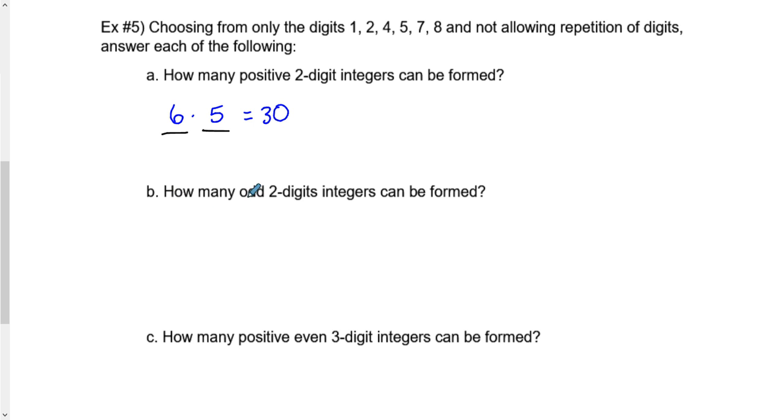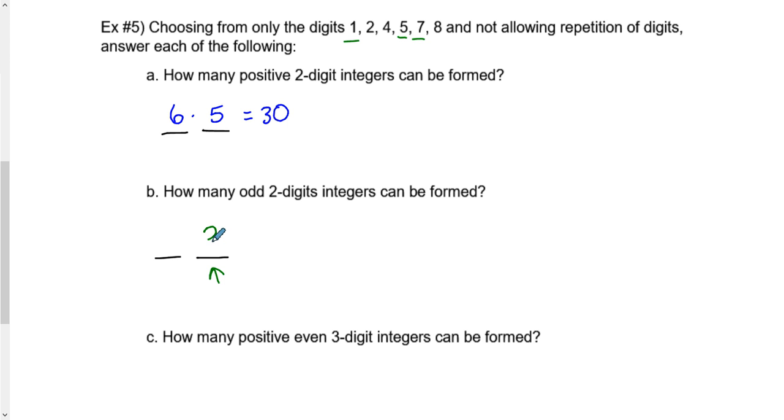Now the question is, how many odd 2-digit integers can be formed? The definition of odd means that the last digit has to be odd. How many of these digits are odd? 1, 5, and 7. So this is going to go backwards of what we usually do. Instead of starting with our first digit, we're going to have to start at our second digit.